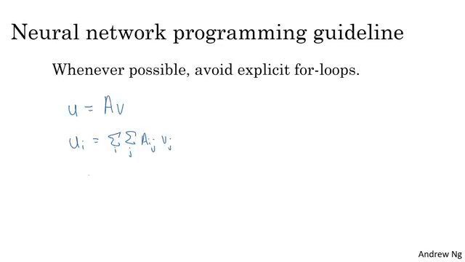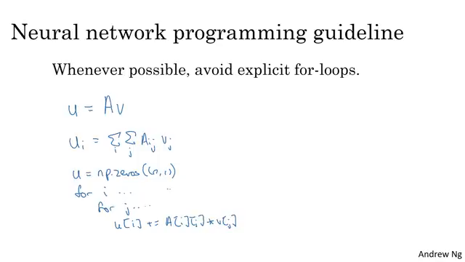The non-vectorized implementation of this would be to set u equals np.zeros, n by 1, and then for i and so on, for j and so on, u_i plus equals A_ij times v_j.